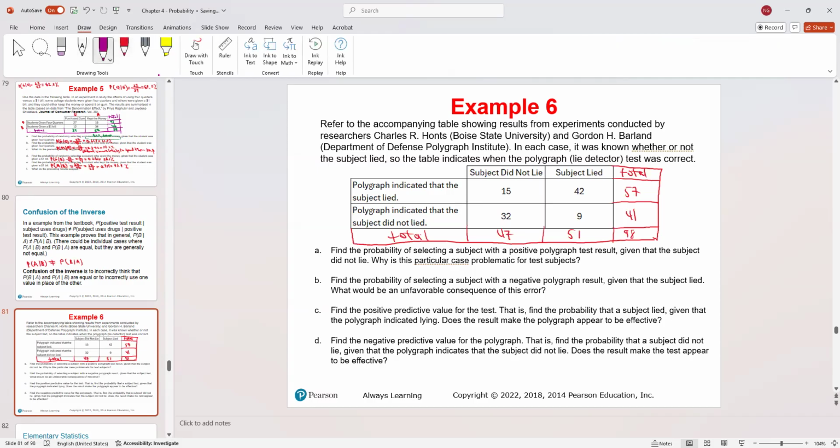Let's use some letters. Polygraph indicates the result that the subject lied.